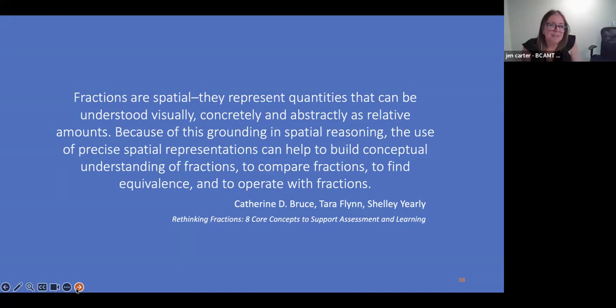So this happened in a school here that I work with around 2-digit by 2-digit subtraction. They knew the algorithm, they were doing the algorithm wrong. And so when you can find ways that they can play with it visually, like I think Sue mentioned, or maybe we talked about it in one of the other sessions, like the paper folding task to create equivalent fractions and having them label.